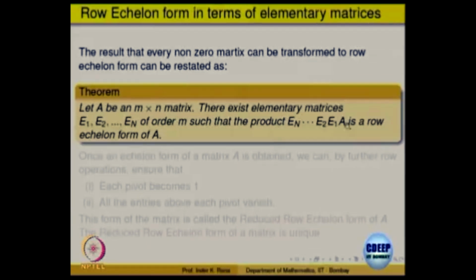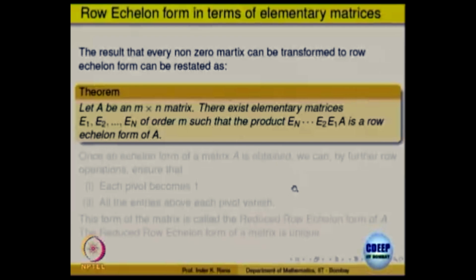If I pre-multiply A with those, so these are the row operations we are doing via matrix multiplication, this will be in the row echelon form, right. So we have just restated that theorem, that every matrix can be reduced to row echelon form by elementary row operations, in terms of elementary matrices, right.